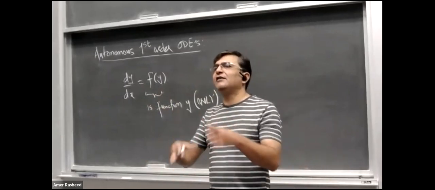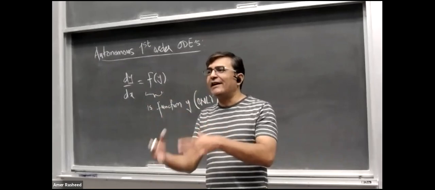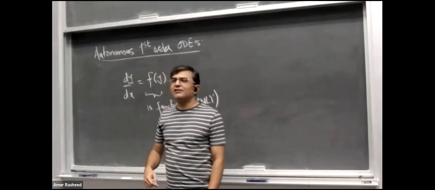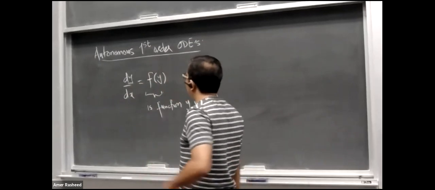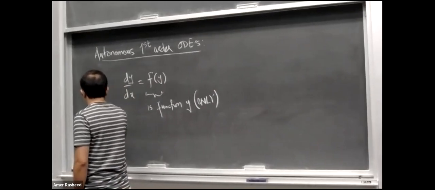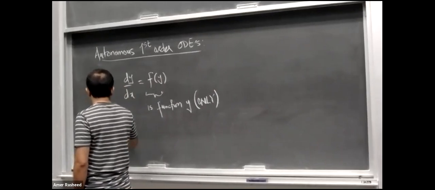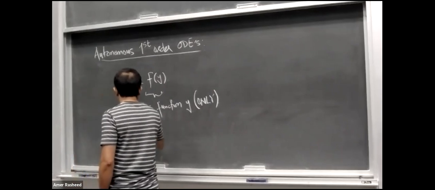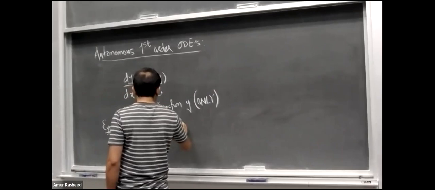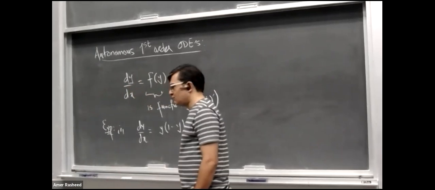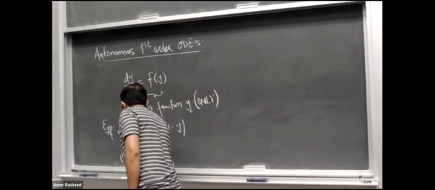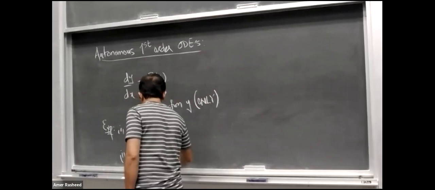Of course, y is a function of x, so x is hidden within y, but explicitly the right hand side function is a function of y only. Then we call this kind of differential equation an autonomous differential equation. For example, dy by dx is equal to y times 1 minus y. Another example could be dy by dx is equal to 1 minus y squared.